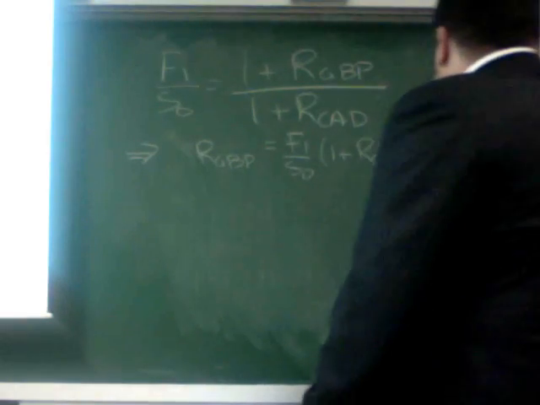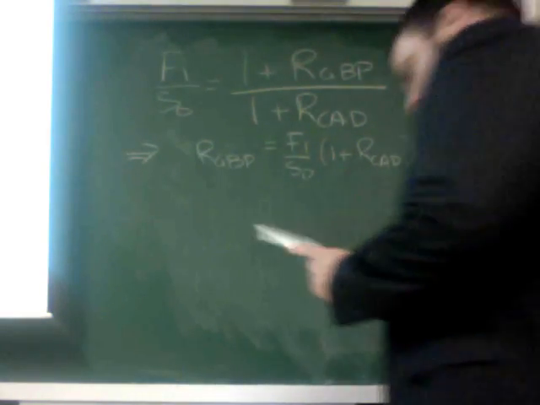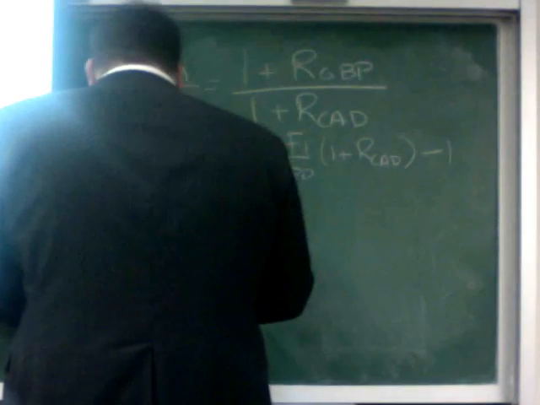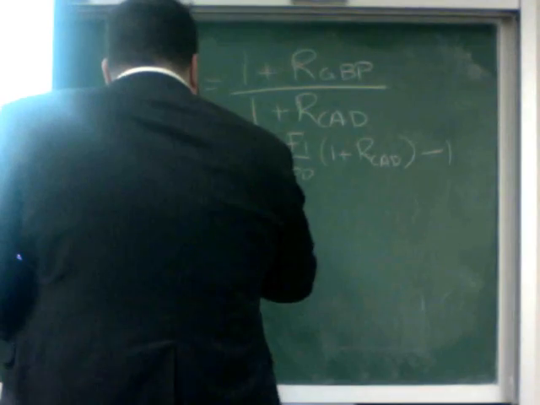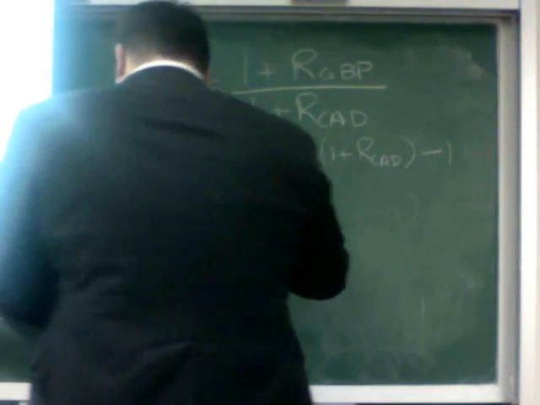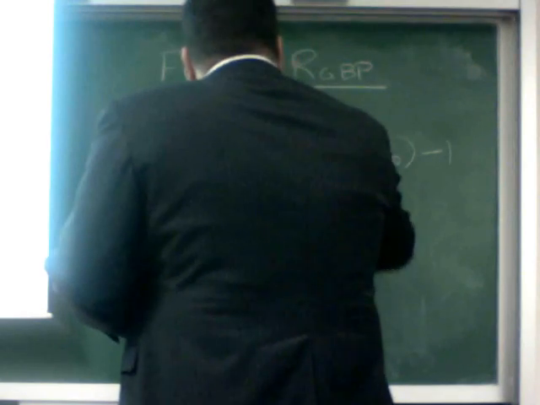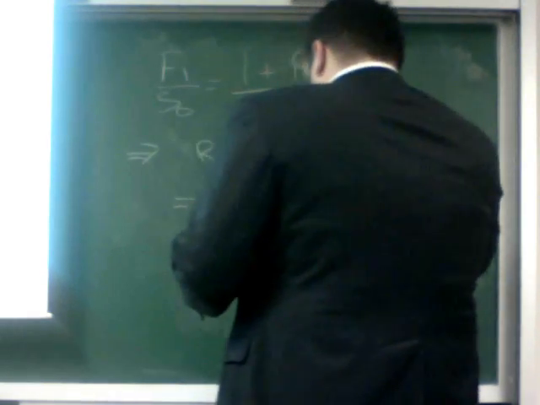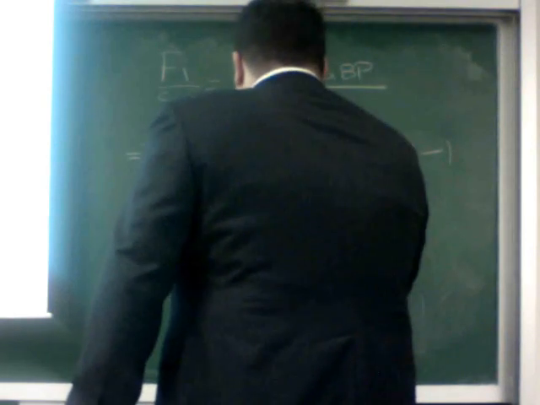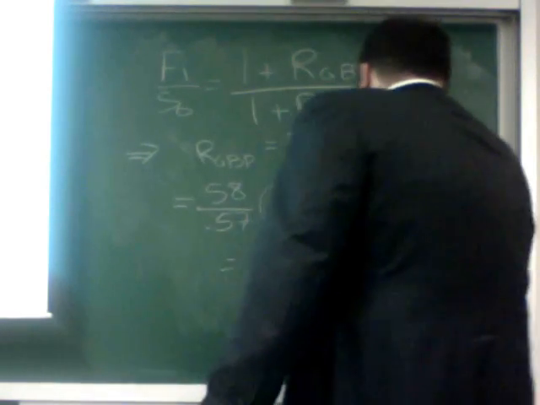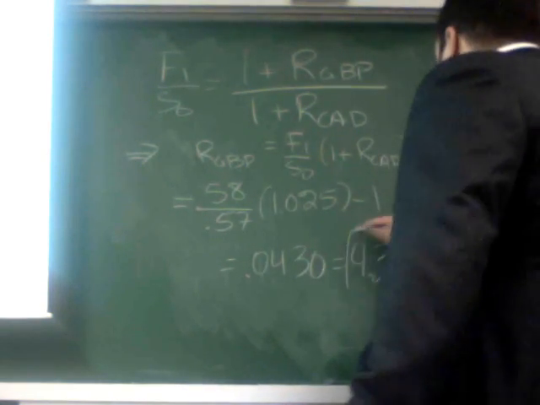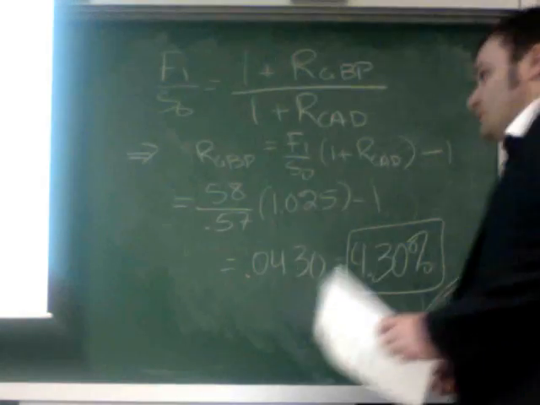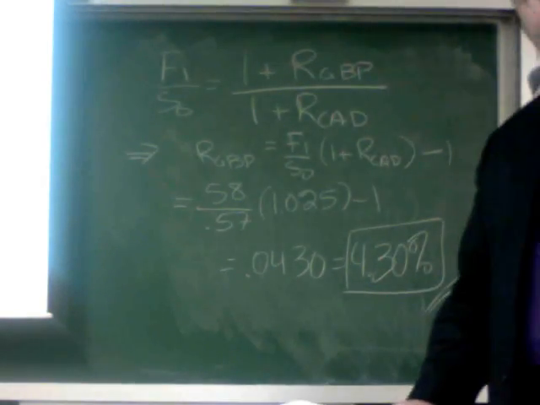I won't write it as a single line. I can just put it on that side. And so you're left with 4.30%.